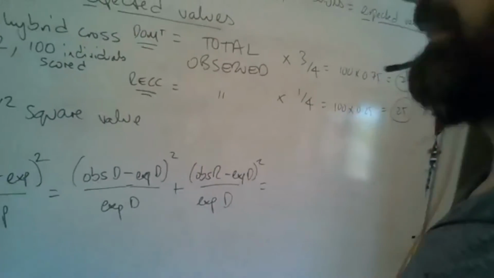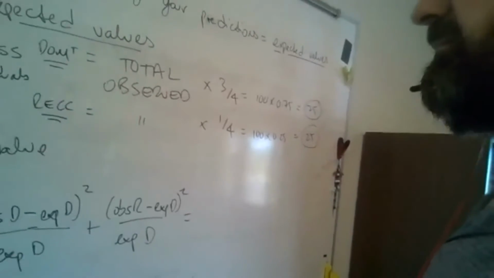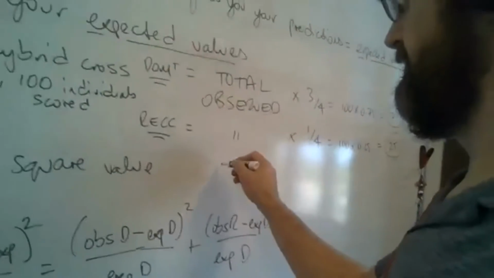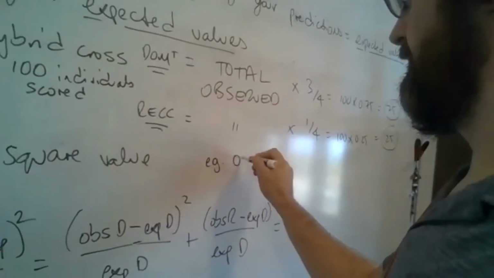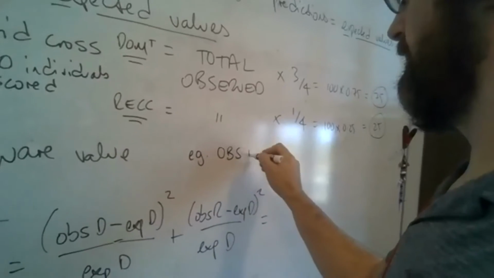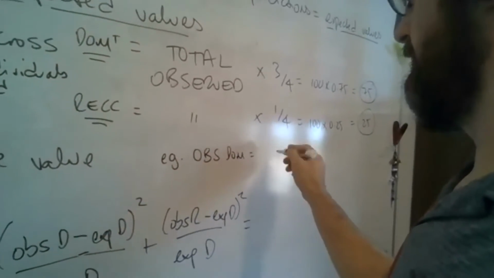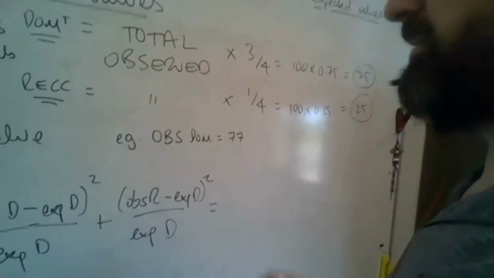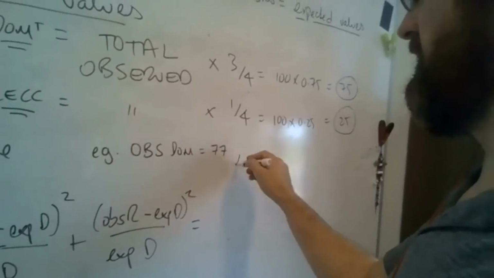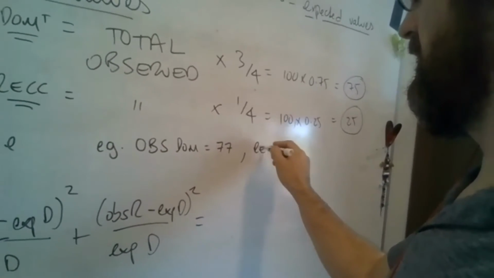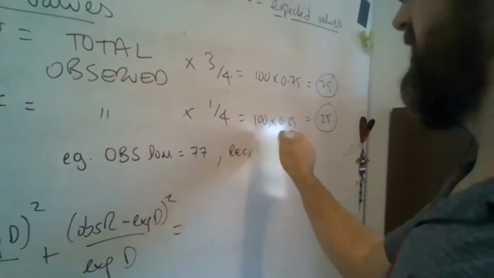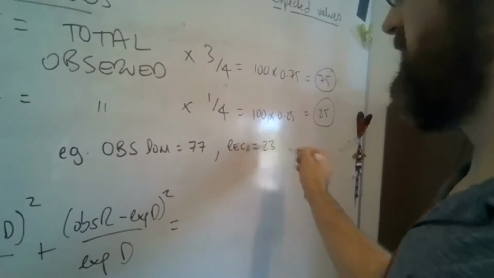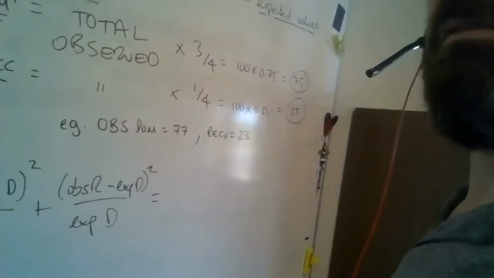So let's make up some numbers. That'll do there. So what you actually observed was 77 dominant and 23 recessive.